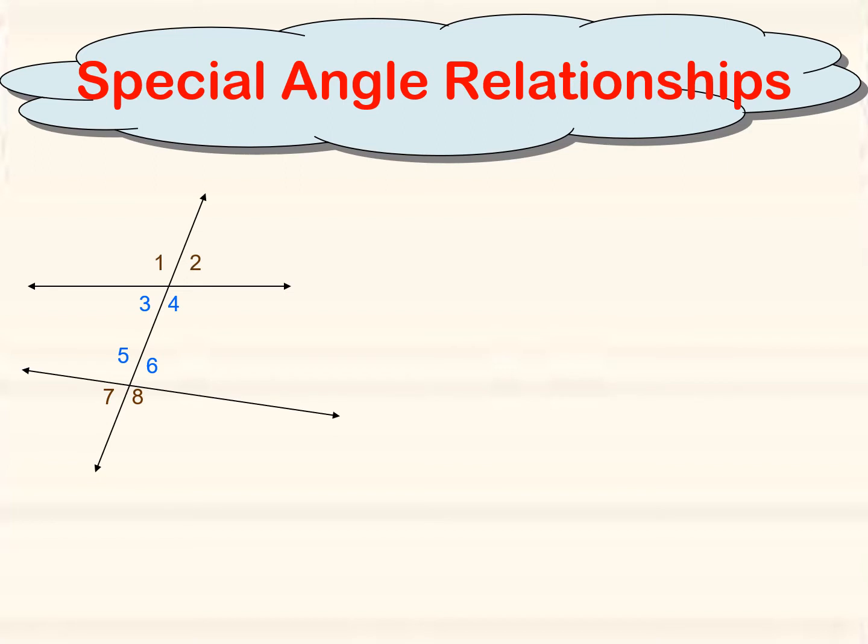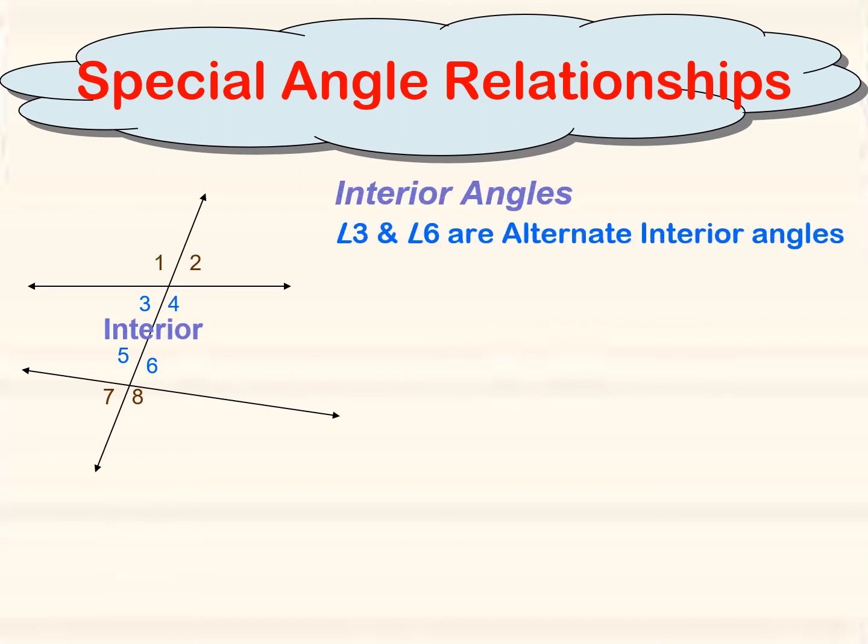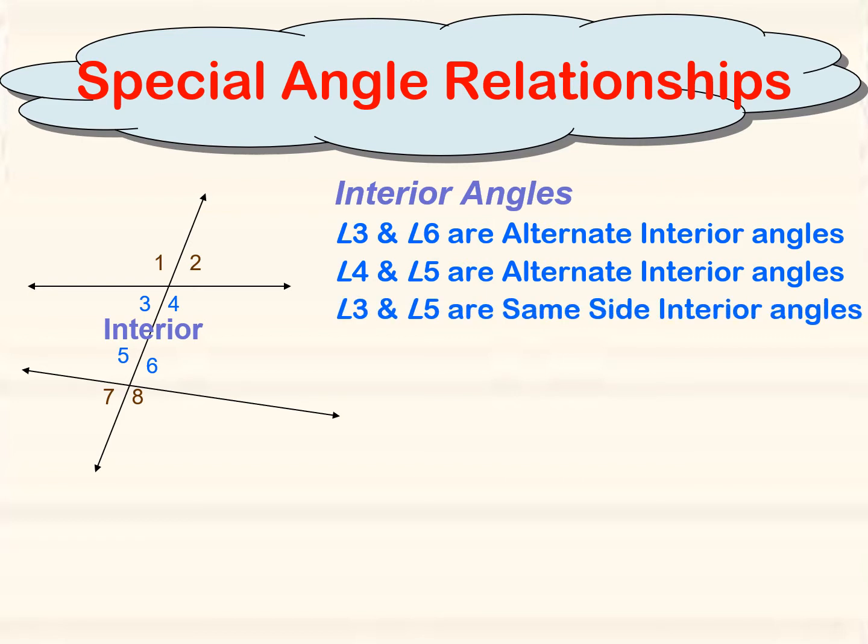There are special angle relationships. So if we have lines cut by a transversal, we have interior angles. And under interior angles, we have alternate interior angles. So we have angle 3 and angle 6, then angle 4 and angle 5. They are alternate interior angles. Angle 3 and angle 5 are same side interior angles, while angle 4 and angle 6 are same side interior angles.